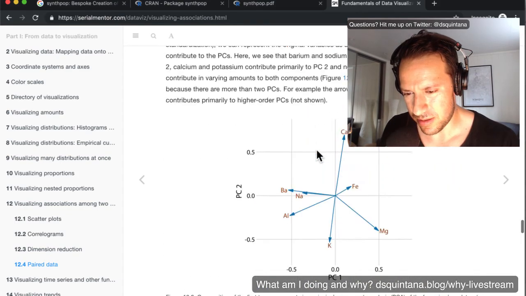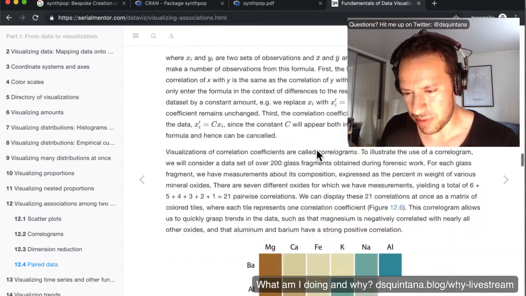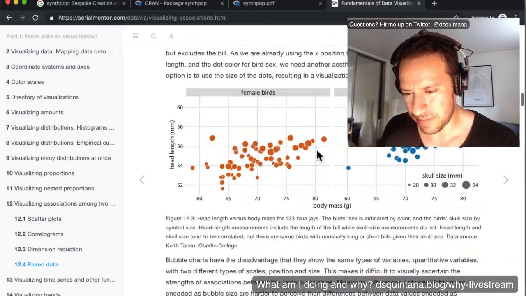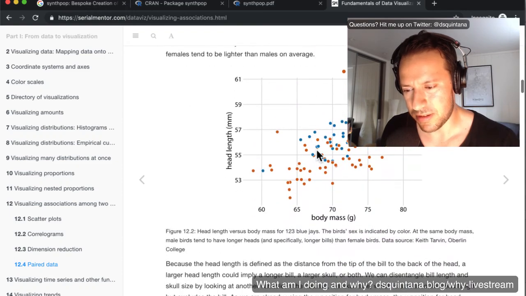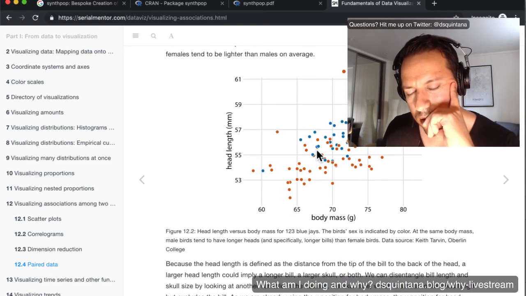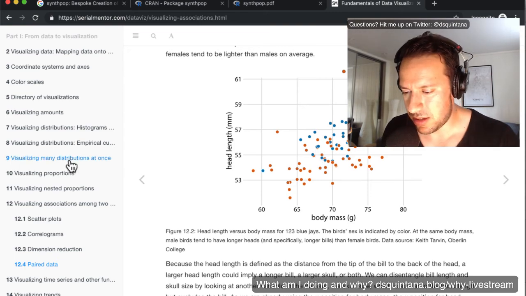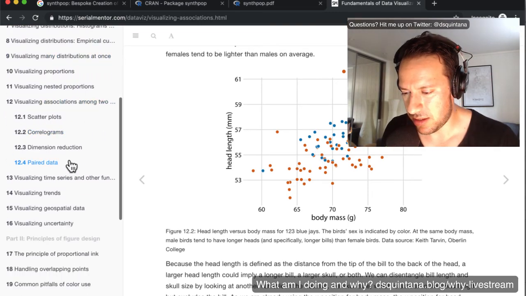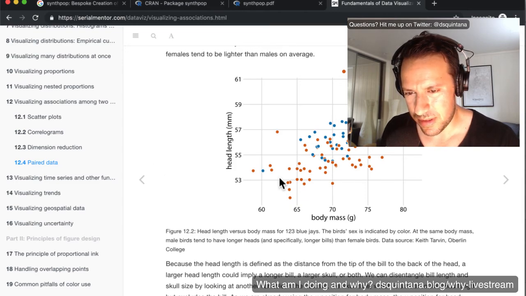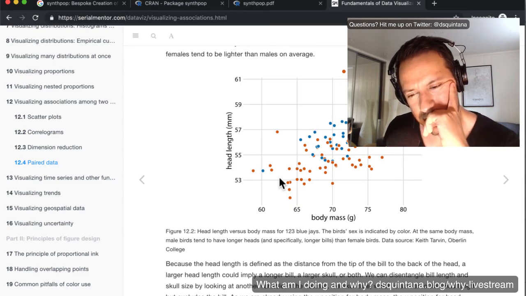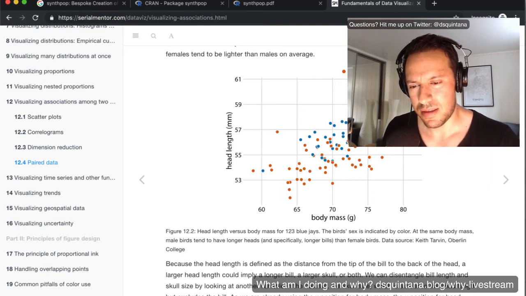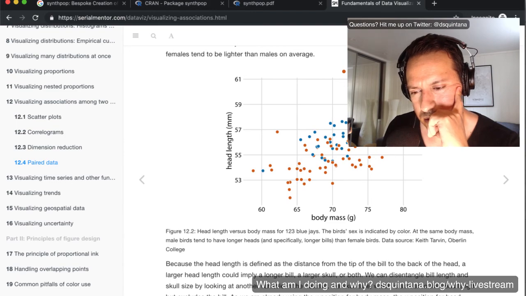No. Maybe just a simpler plot. Like that. Or some sort of... That could work.